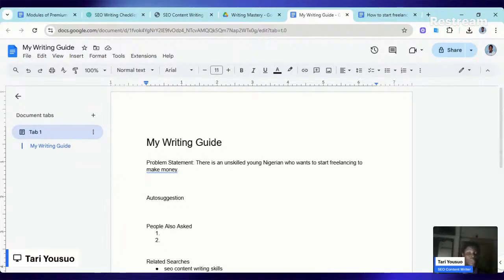So he wants to start freelancing but doesn't know how to go about it. So that is the problem statement.